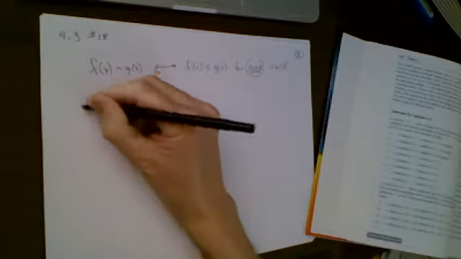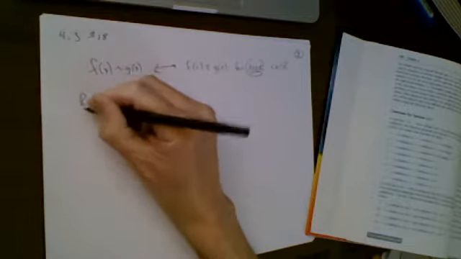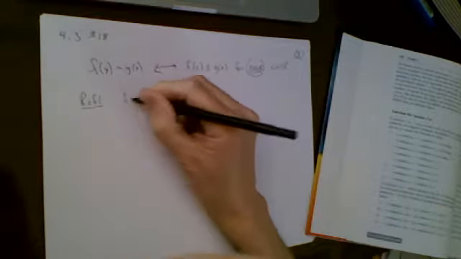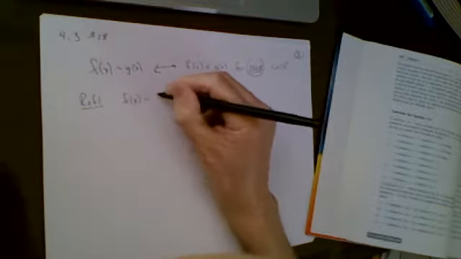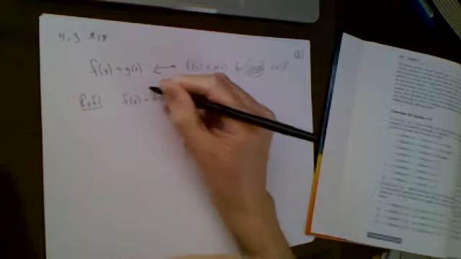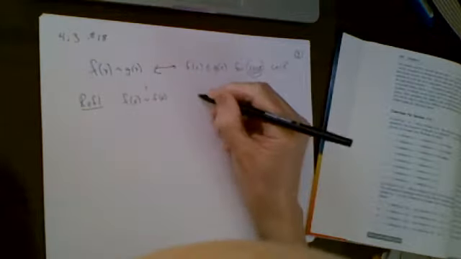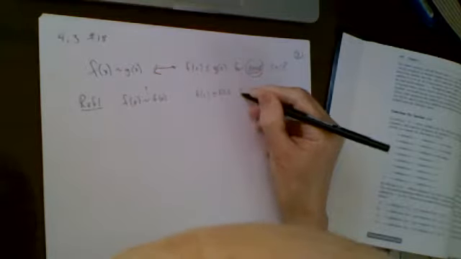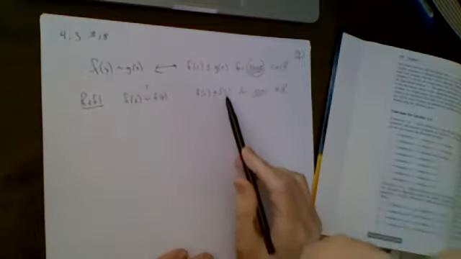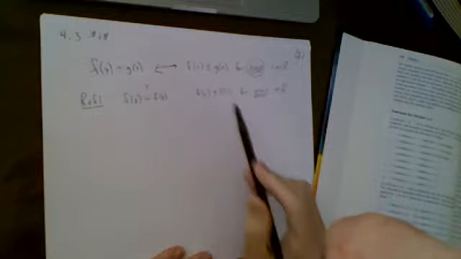So when we check reflexive, the question is: is f of x related to f of x? That's the question. Well, that means f of c is less than or equal to f of c for some real number. Well, as you can see, no matter what number you plug in here, you get the same answer.